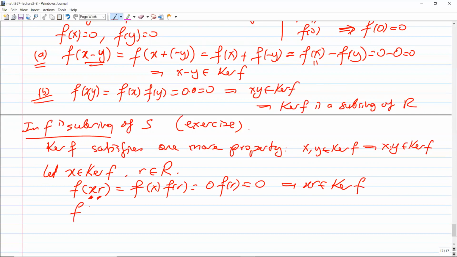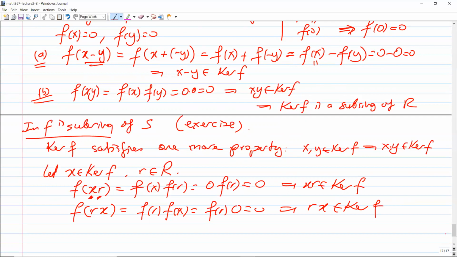And also, if you look at f(r times x), this is f(r) f(x), and f(x) is 0, so it is f(r) times 0. This is 0, so that also r times x is in the kernel of f.